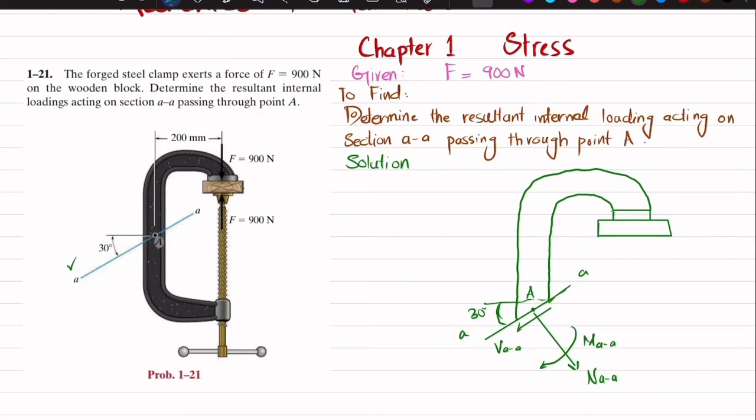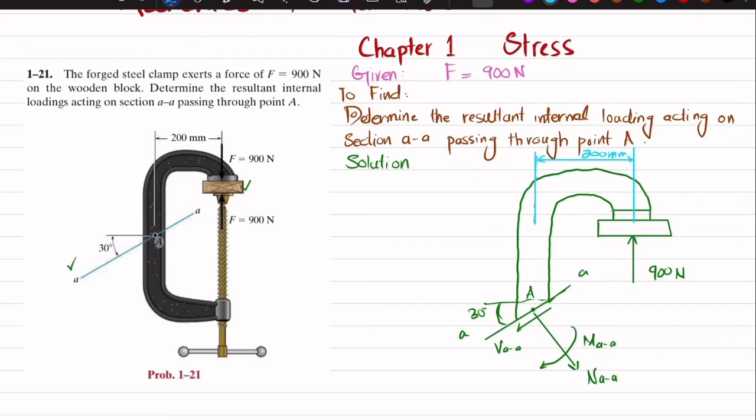This clamp exerts a force of 900 Newton on the wooden block. As a result, the wooden block will exert 900 Newton force in the upward direction on this clamp. Also, the distance between point A and the application of this force is 200 millimeter.